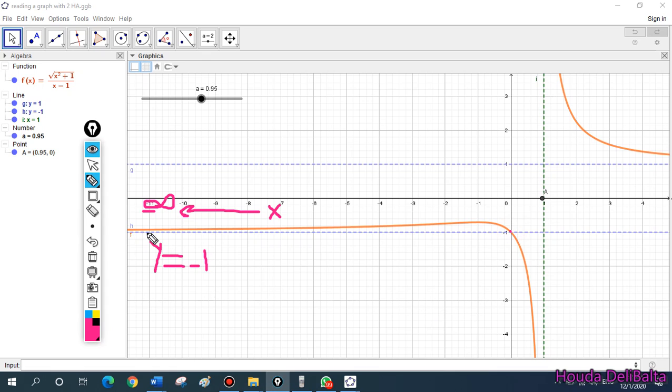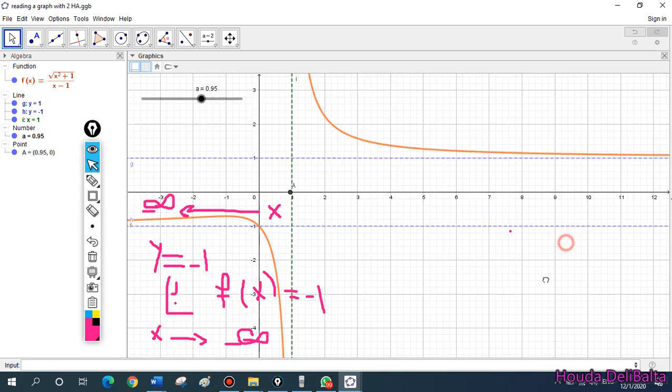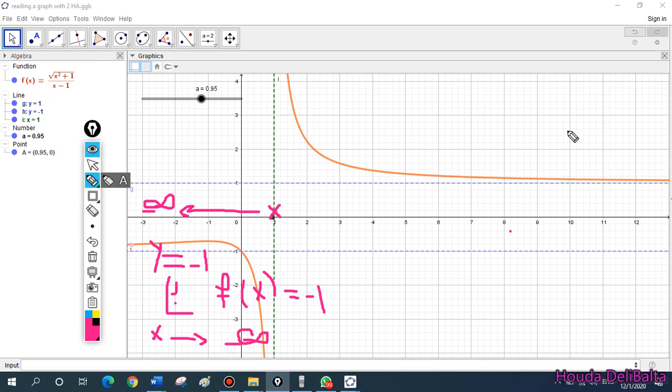That means the limit as x tends to minus infinity of f of x is equal to minus 1. So the two horizontal asymptotes for this curve are y equals minus 1 at minus infinity, and y equals 1 at plus infinity.